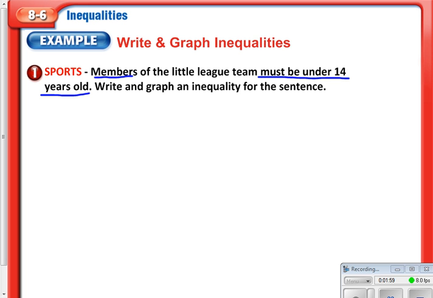So I'm going to say we know we have to have a variable and we have to have the other piece of information here. I'm going to say that A represents age, okay, because we have 14. 14 is talking about an age. So your age has to be something in comparison to 14.